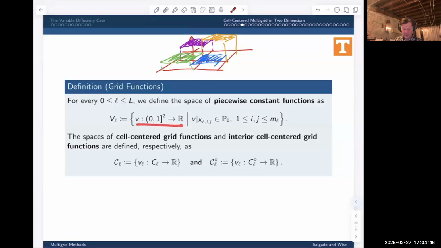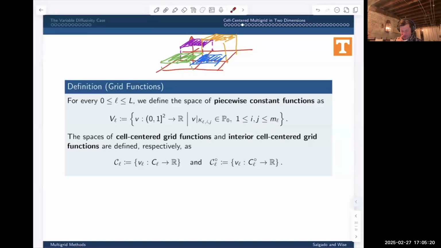It's any function defined on this half open square with values in the real numbers, such that when I restrict it to any one of those cells, it's a piecewise constant function or a polynomial of degree 0, which is a constant function. Okay, so each restriction of the function to each cell is a constant function for each cell in the grid.